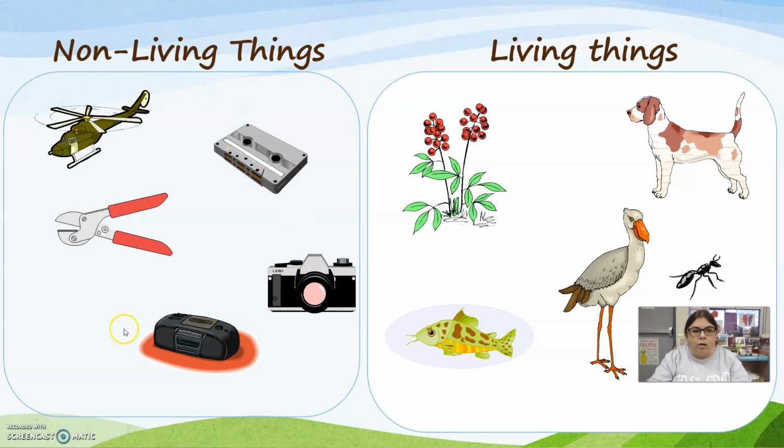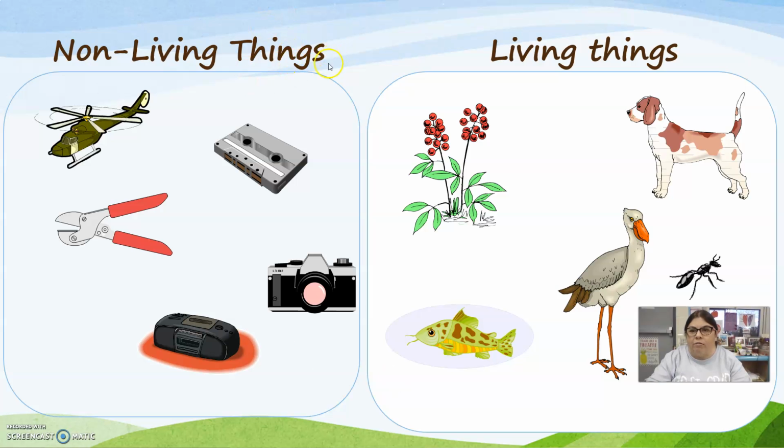These are all non-living things which you're going to learn more about. These are things that cannot grow because they don't eat food and they don't drink water. They do not change. They need someone to move them and work them in order for them to do what they're meant to do. So they are classified as non-living things.